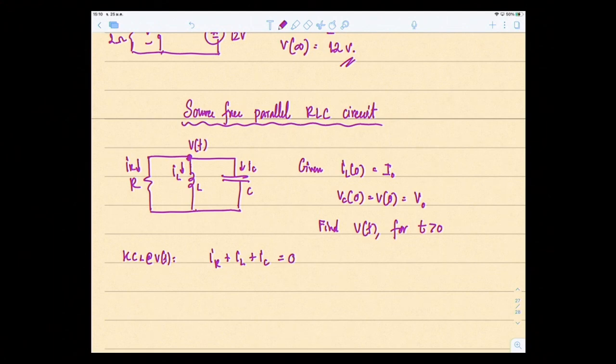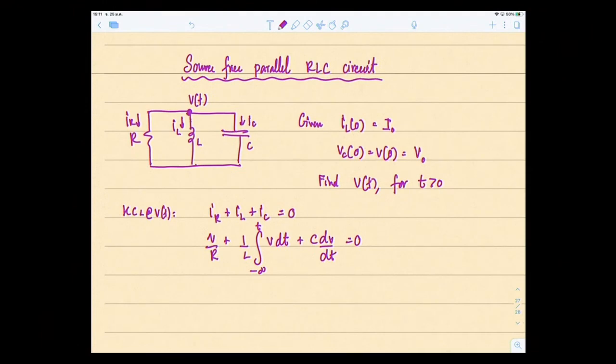Therefore, we want to find V, right? So IR is V over R, plus IL is 1 over L integral of V dt. I'm going to go real fast and simple and ignore the proper way of writing in math terms. So plus C dV/dt equal to 0.